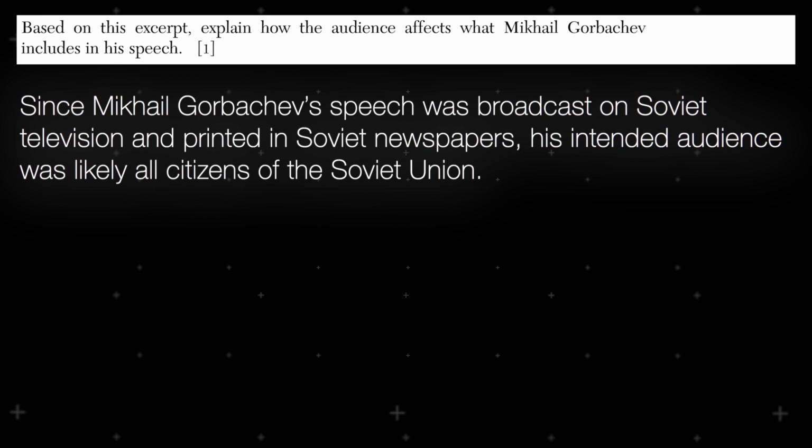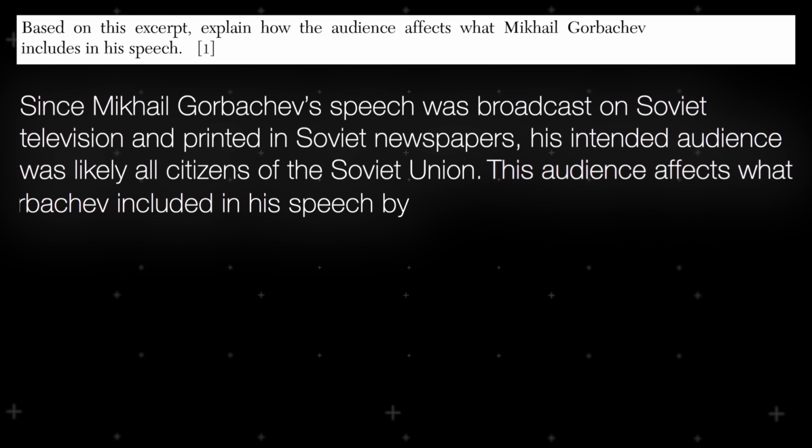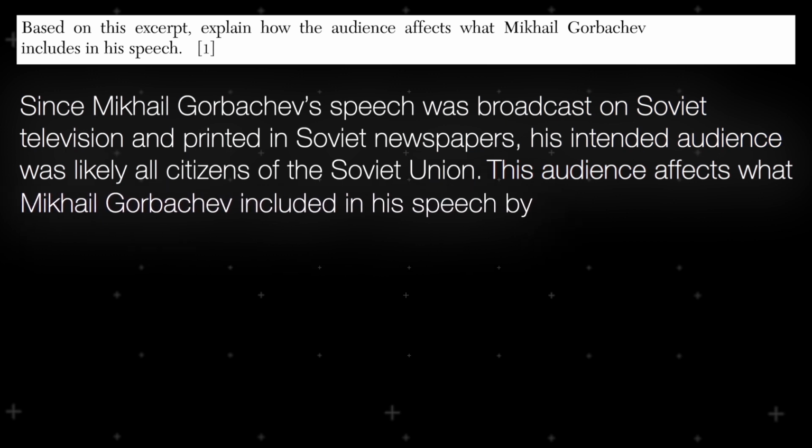Now, we have to address the second half of our answer, which explains how this audience affects the message of the author. Let's continue by restating some of the question. This audience affects what Mikhail Gorbachev included in his speech by, and here is where we want to paraphrase pieces of evidence from the document we discussed before that would have been appealing to this particular audience.